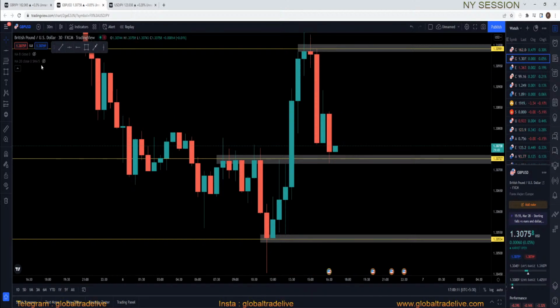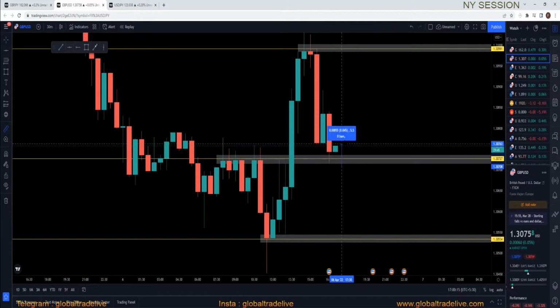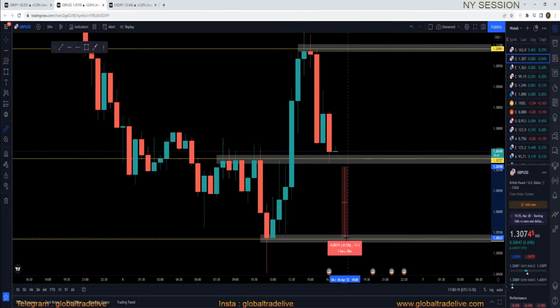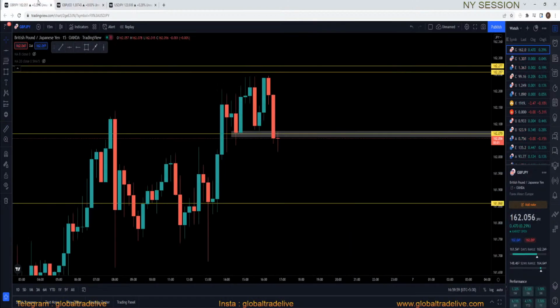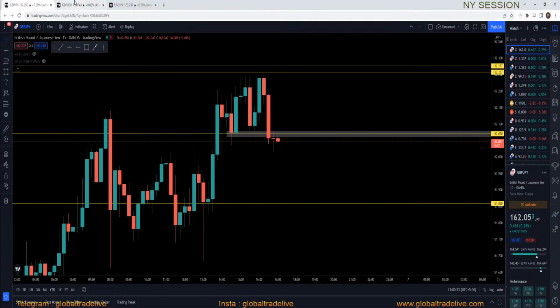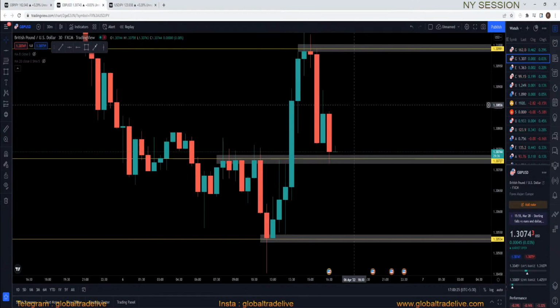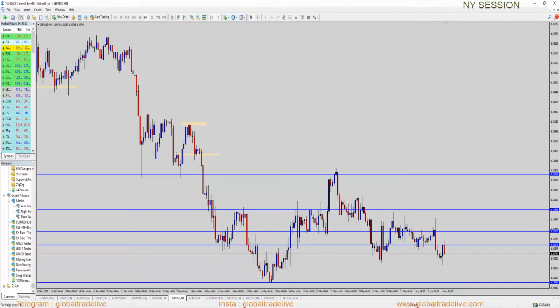Alright everybody, so I think I might take a sell in GBP if it breaks below that price. Keep my stops above this high, and this will be the TP over here. I can take the trade in GJ also, but I'm not gonna take trade in that because I really think GBP will start to fall down from this point.